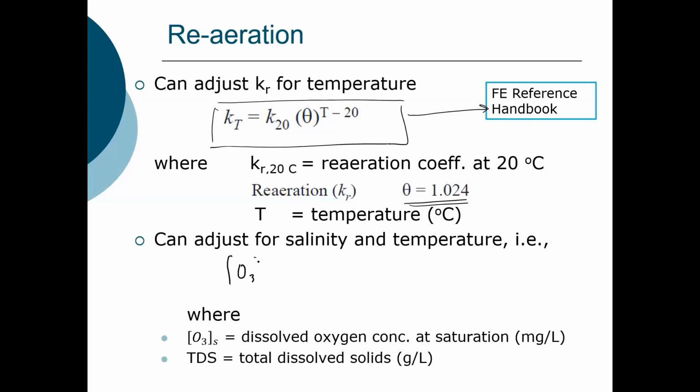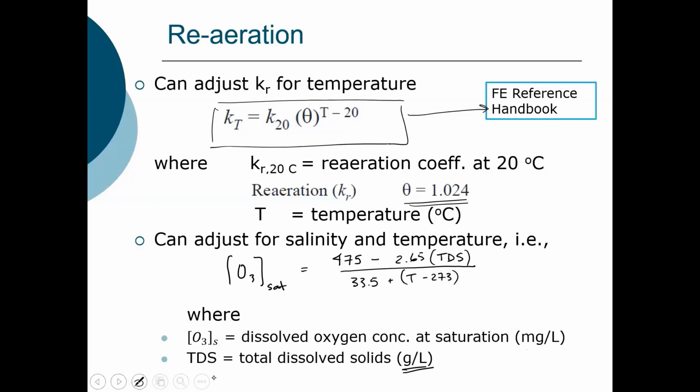And the DO sat is equal to 475 minus 2.65 times the total dissolved solids. Notice that's in grams per liter, divided by 33.5 plus T minus 273.